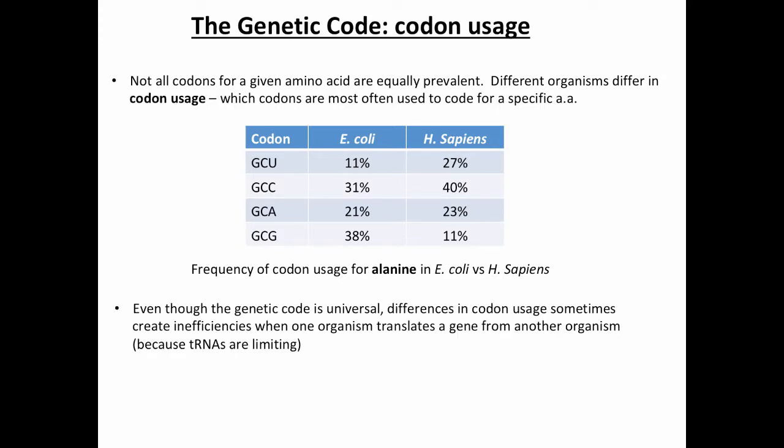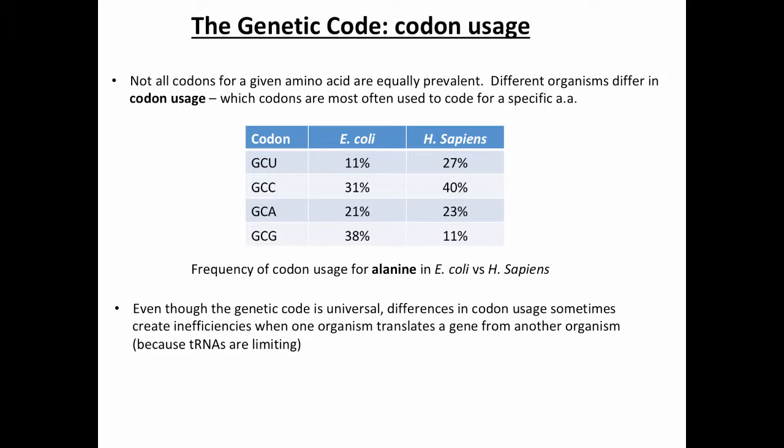Because of that, sometimes that can create an inefficiency when an organism tries to translate a gene from another organism. So if you are doing recombinant protein expression, meaning you're trying to express a gene from one organism in a different type of organism.